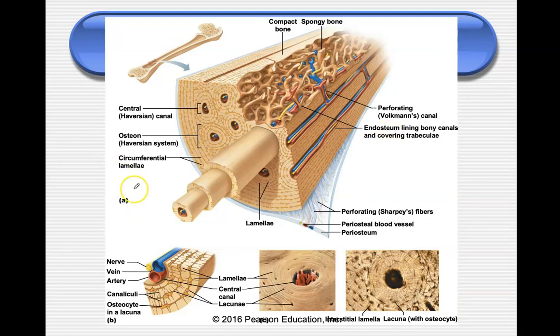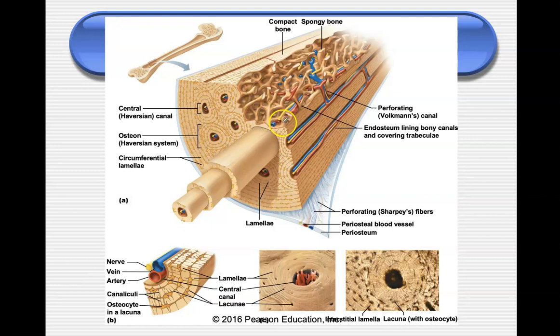And again, this just kind of shows you another view of compact bone here. And then you can see the spongy bone towards the inside. And this is nice because, again, you can see the periosteum on the outside, and then the endosteum, endo would be inside, right?